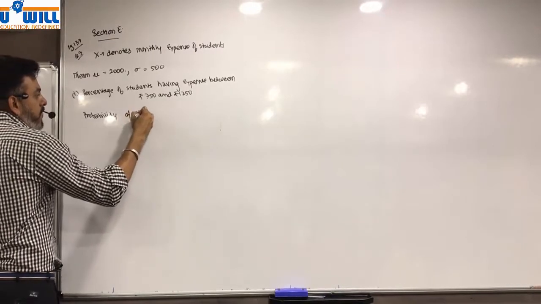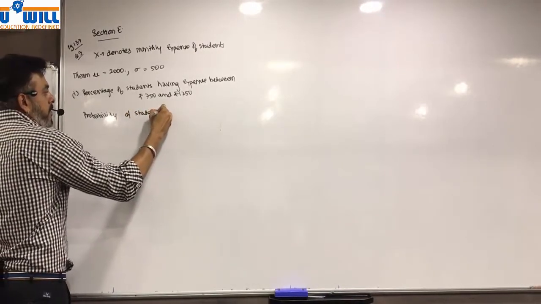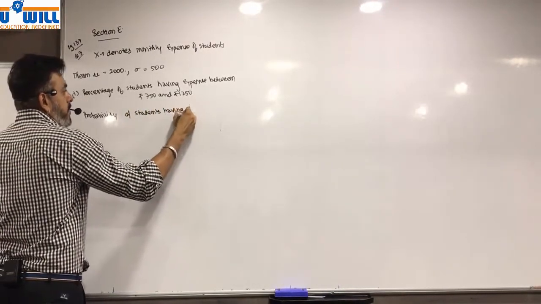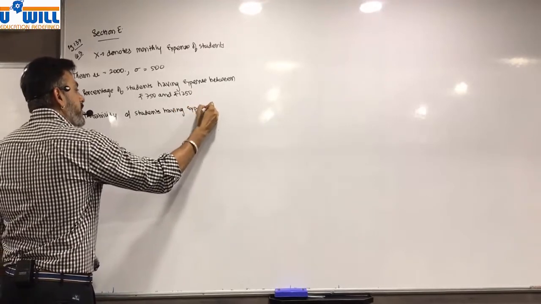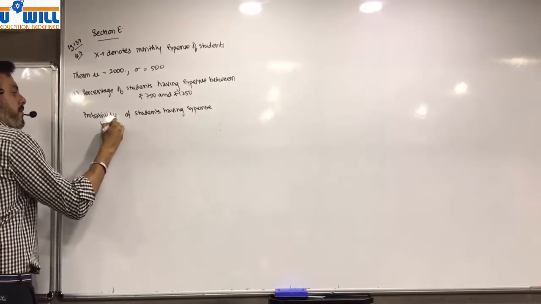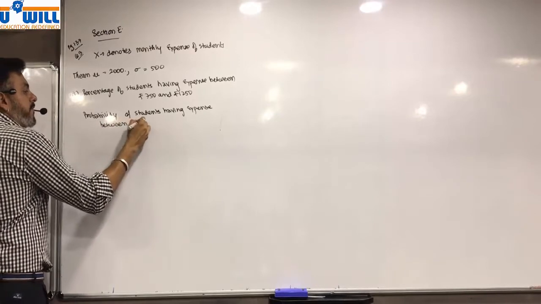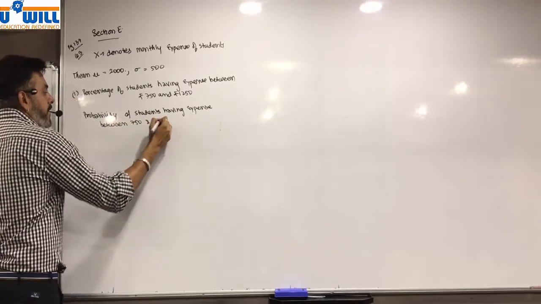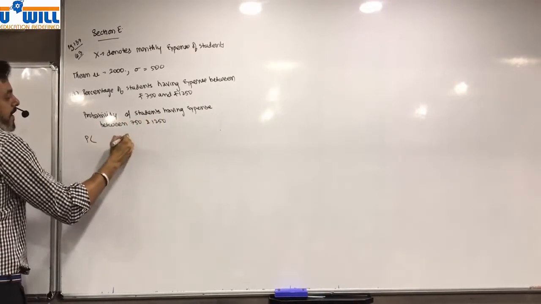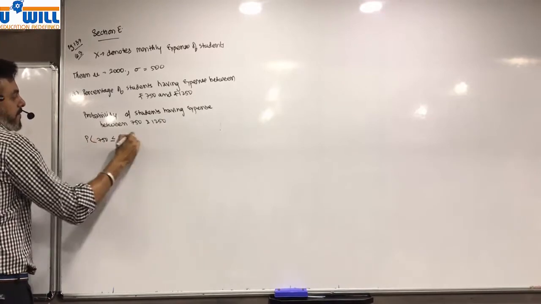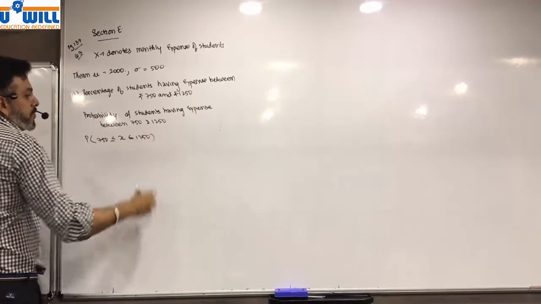Probability of students having expense between 750 and 1250 is probability of x greater than equal to 750 less than equal to 1250.